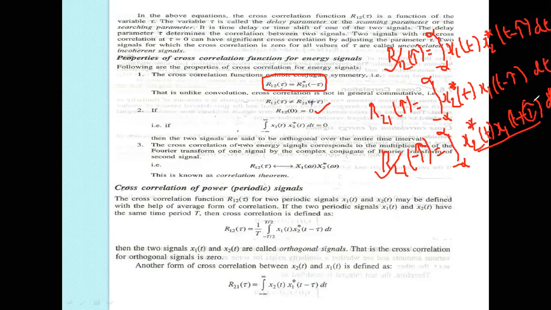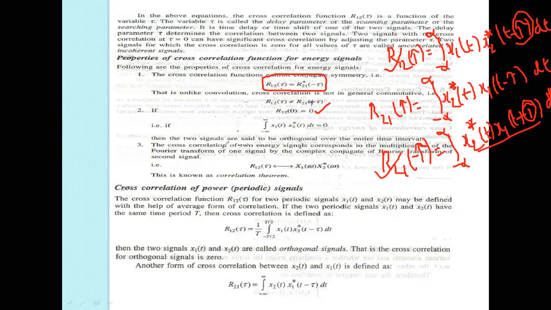Either you can substitute the plus value or the minus value, in both cases it becomes x1 and x2 only. So the integral of x1 of t and x2 star of t dt is equal to 0. Then the two signals are said to be orthogonal over the entire time interval, over the entire time interval.